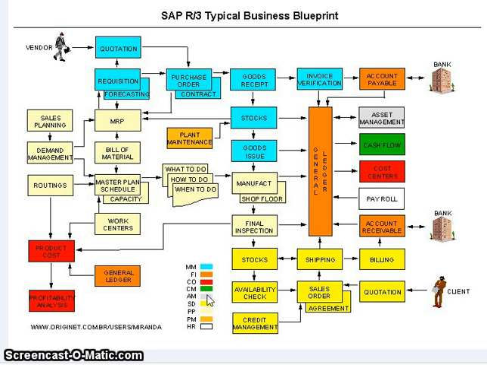AM, I'm not sure exactly what AM is, but you can see how every single module and submodule within the SAP R3 ERP system links together to form an ERP system.